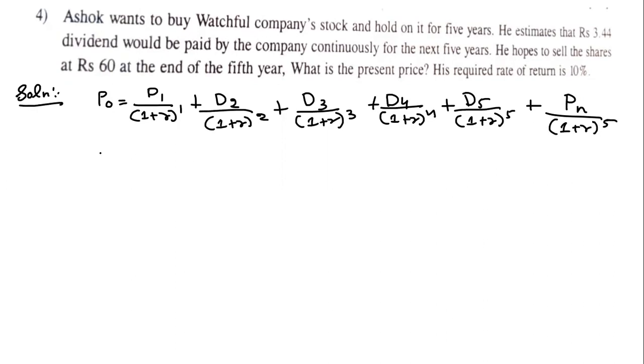Now let's put the values in the formula. We know the dividend will be the same, that is 3.44, for 5 years.